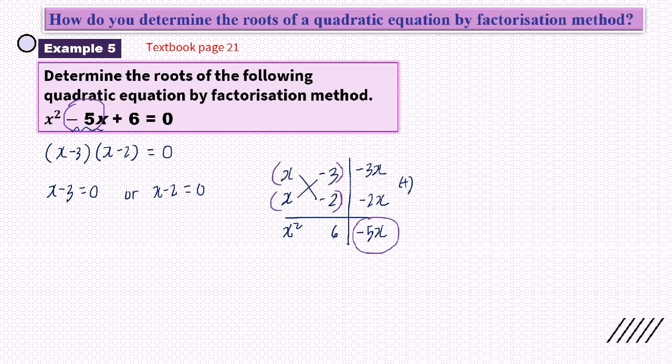So now s equals 3, and you will obtain s equals 2. The roots of s squared minus 5s plus 6 are s equals 3 or s equals 2.